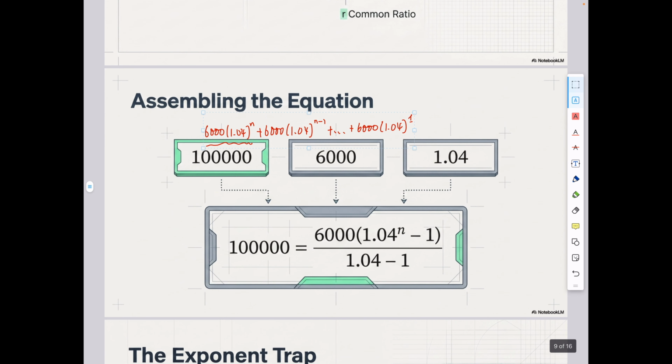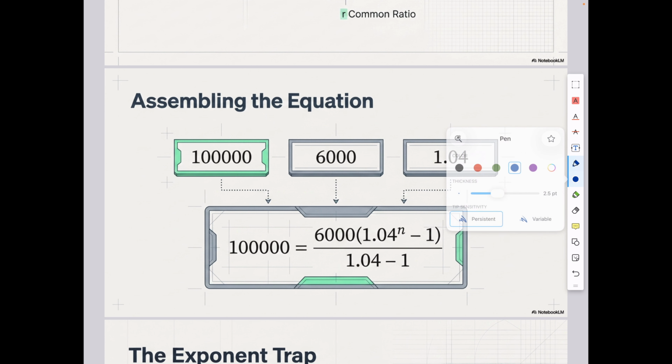So what happens is, just now we said the r is actually 1 over 1.04, but why is it now 1.04 instead? Very simple. What we need to do is a reversal.